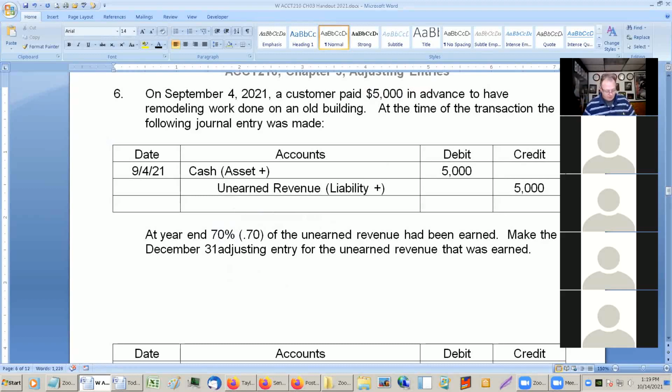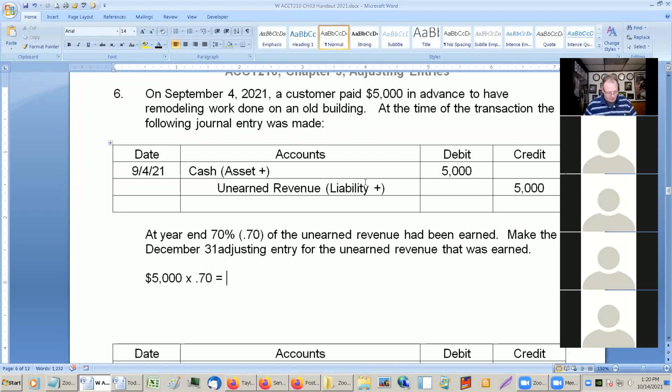So we have 5,000 times 70%. If you have a good calculator, you can probably put the percentage in, or just put the 0.7 in. All right, so what is that? 3,500? Better check. Yep.